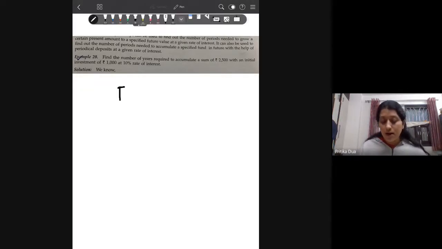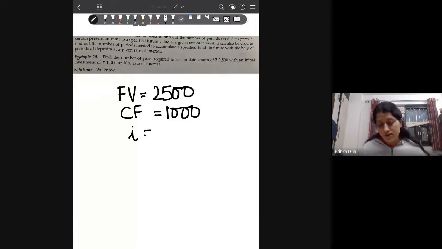So now my future value is 2500. My initial cash flow or investment is 1000. So now this is a single cash flow, and the rate of interest given in the question is 10%. But what I don't know is the number of periods.